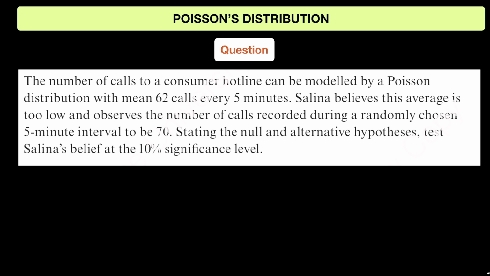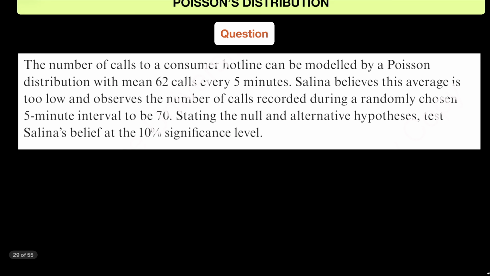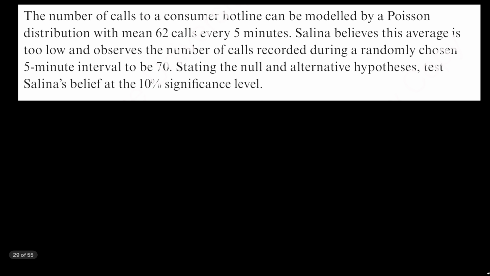Selina believes this average is too low and observes the number of calls recorded during a randomly chosen 5-minute interval to be 70. State the null and alternative hypothesis and test Selina's belief at 10% significance level. Okay, so now after reading this question, let's move on to the solution part of it.